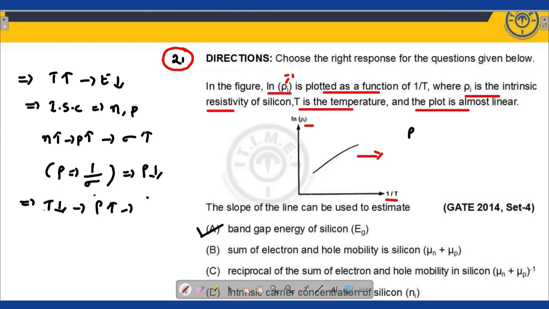Then what happens to 1 by T? 1 by T also increases. Then automatically, ln of rho also increases. This is what we would like to get, my dear students, a very, very important point. This is the thing I would like to bring to your notice over here.